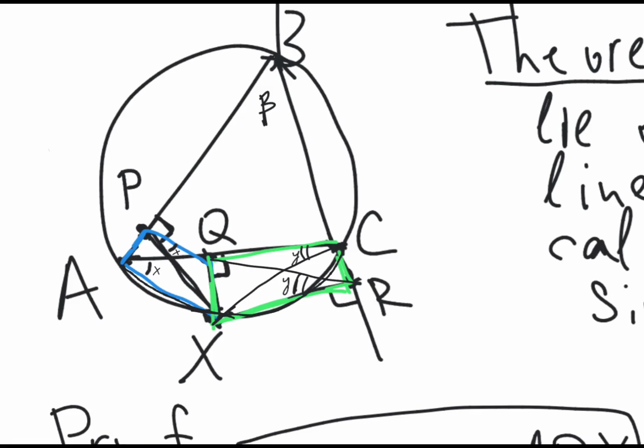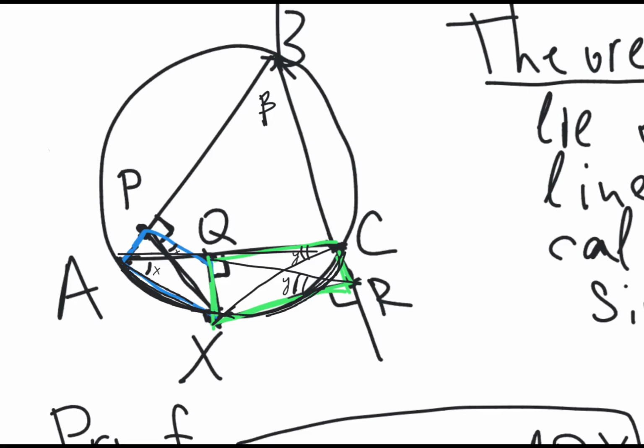On the other hand, it's equal to AX plus XC. The arc AX is equal to 2y, twice the inscribed angle y subtending this arc, and the arc XC is equal to twice the angle x, the angle XAC subtending this arc.